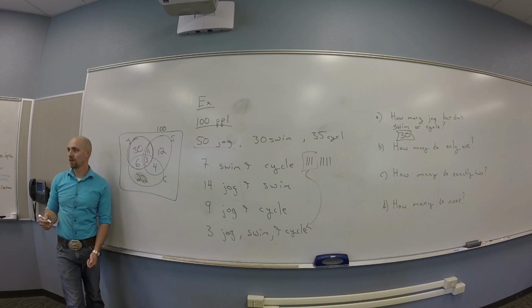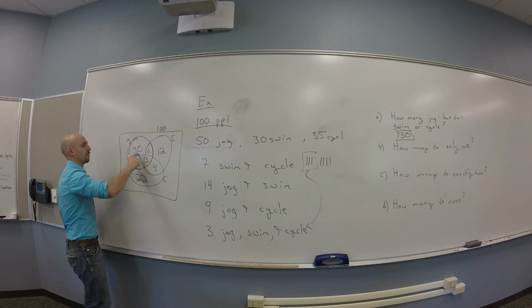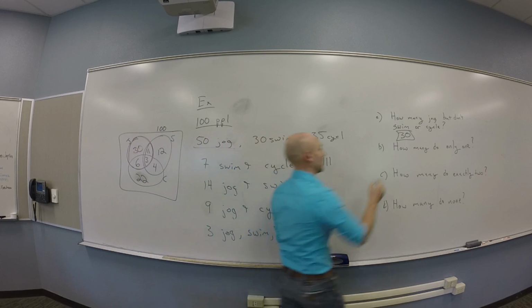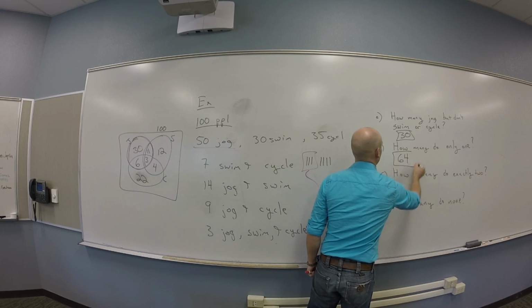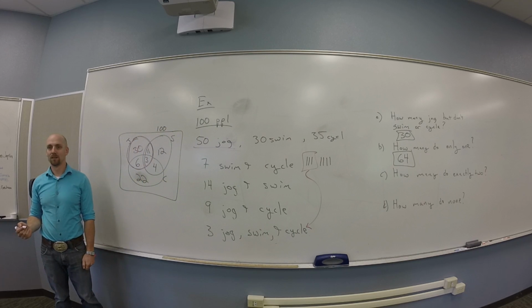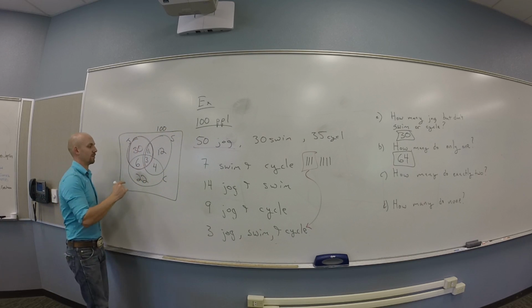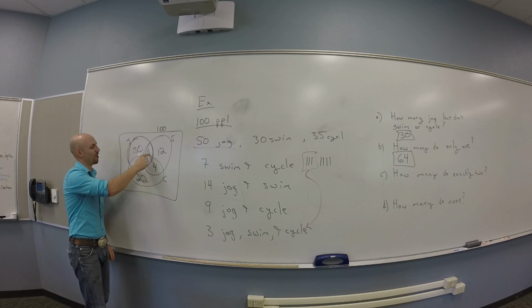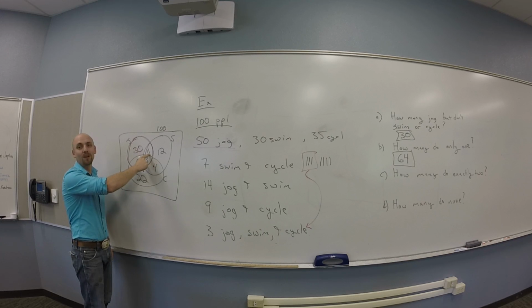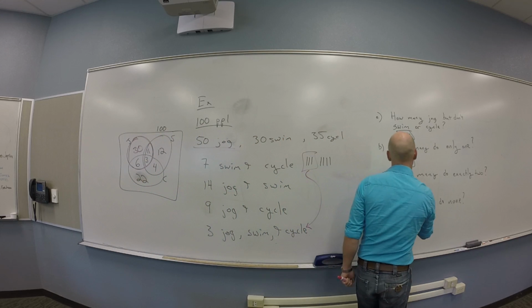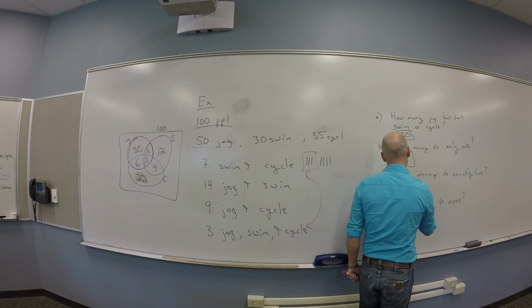That'd be the 22, 30, and 12 added up, which is 64. How many do exactly 2 activities? 6 and 4 and 11, so 21. Those are the ones in an overlap but not in the triple overlap.